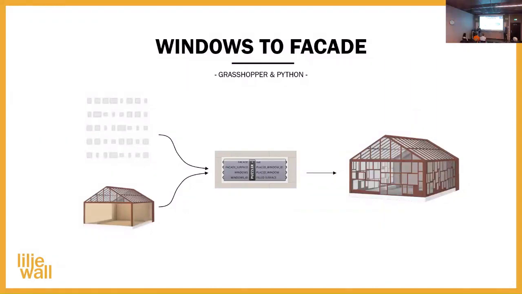When we had these digital windows, and also the geometry of the wished glasshouse, we created a puzzler in Grasshopper with Python, which placed all the windows into the facade, ensuring that one window is not used twice, and also that we had as much glass surface on the facade as possible.